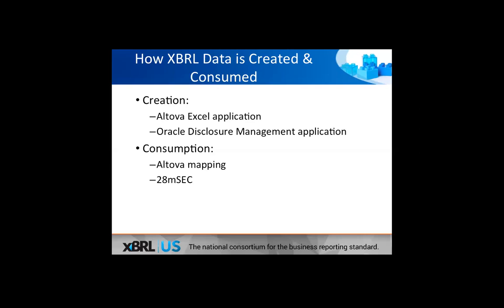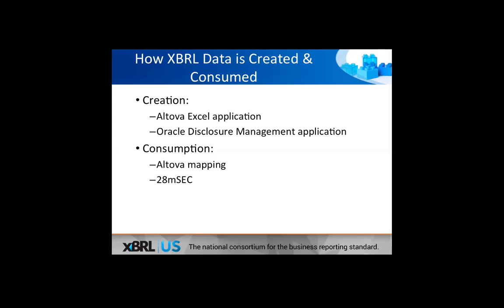A company called Altova has created an Excel add-in, and essentially it allows a contractor, or potentially their CPA firm, to take their Excel version of the work in process report and cut and paste the financials into another spreadsheet where they can click a button and automatically generate an XBRL file.